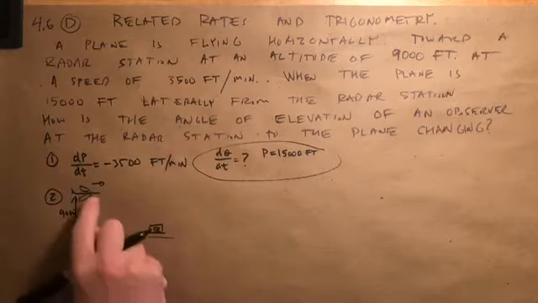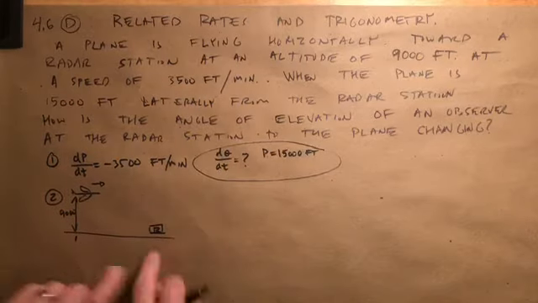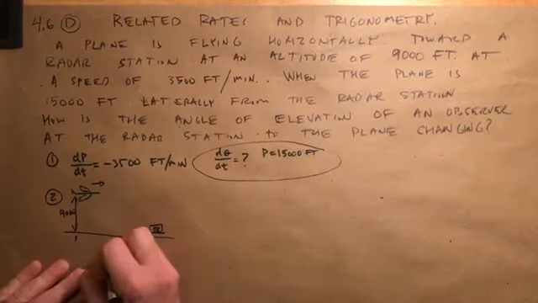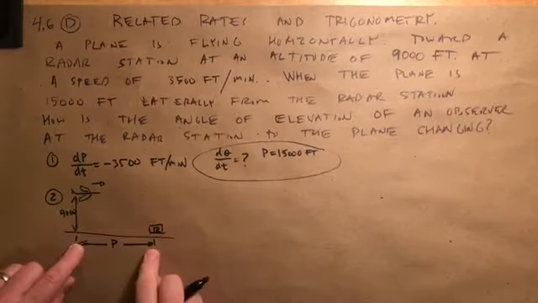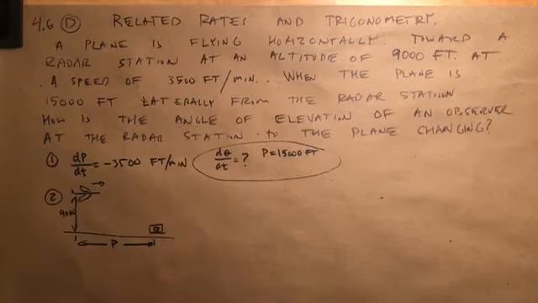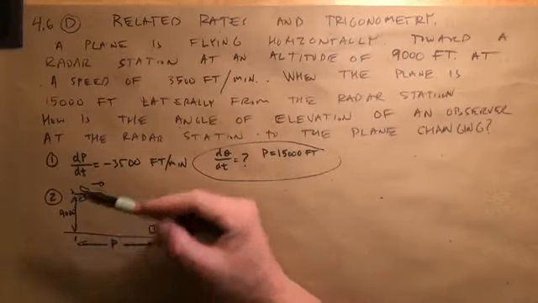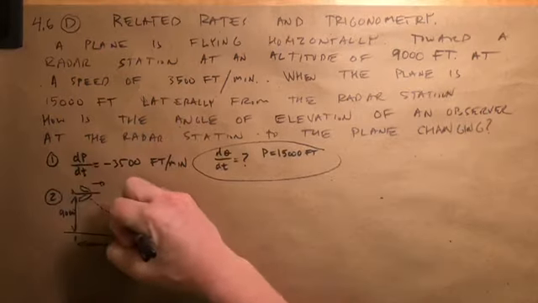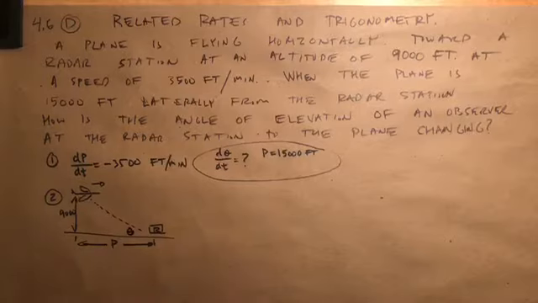But that means that this distance right here from where the plane is currently to the radar station, we're going to call that p. I could have put it on top, it doesn't really matter. I'm going to put it down low because an angle of elevation is an angle from the ground leading up. And so we want to know this angle, theta.